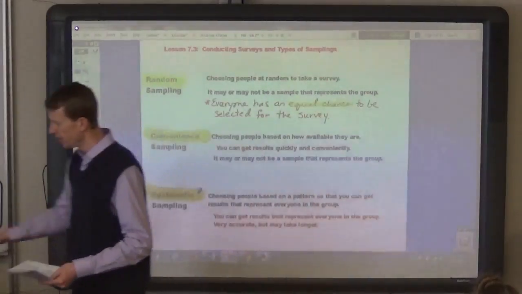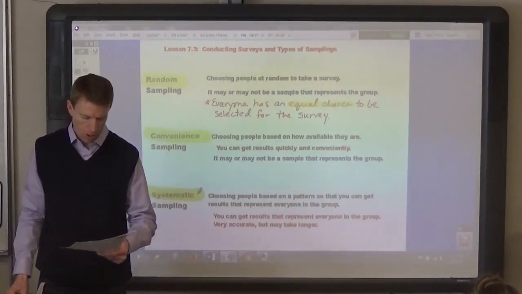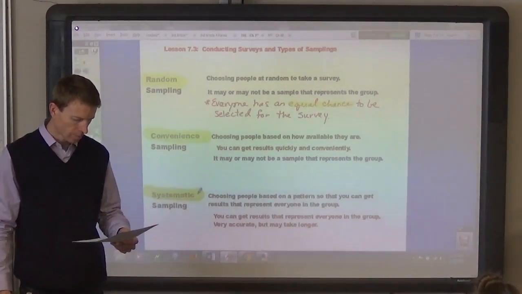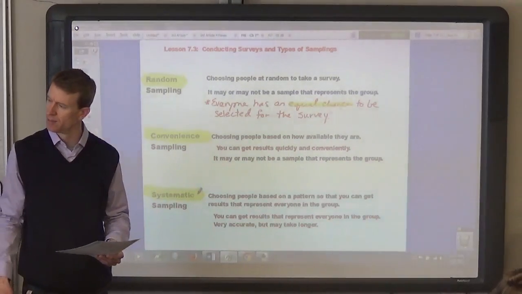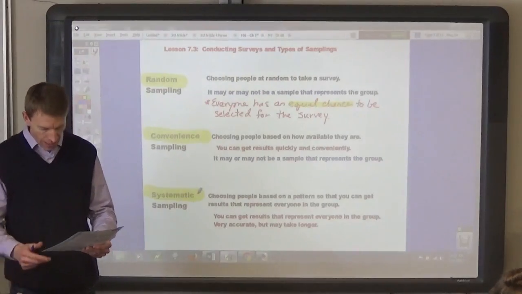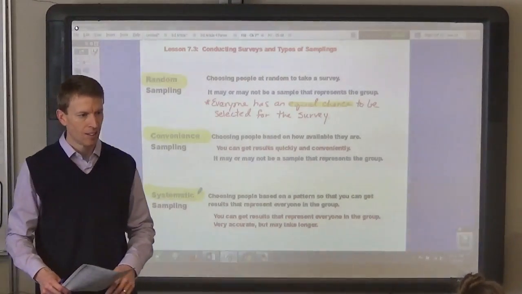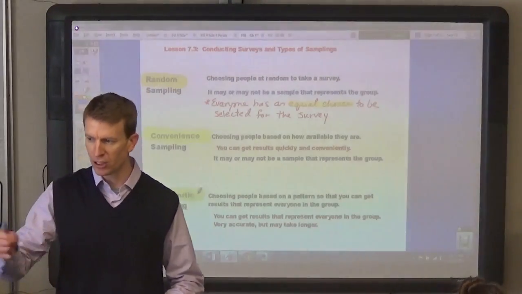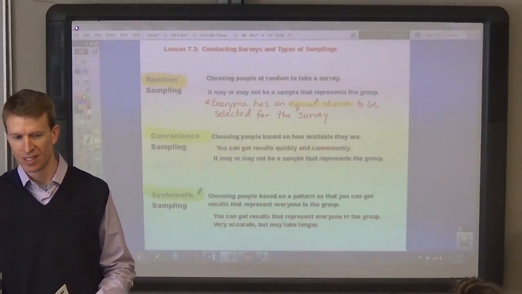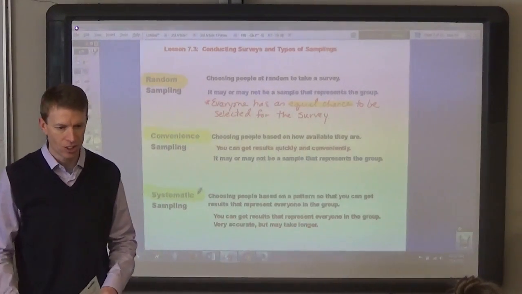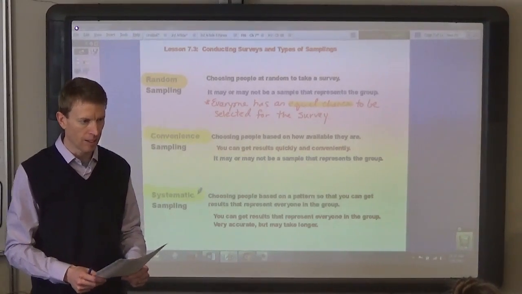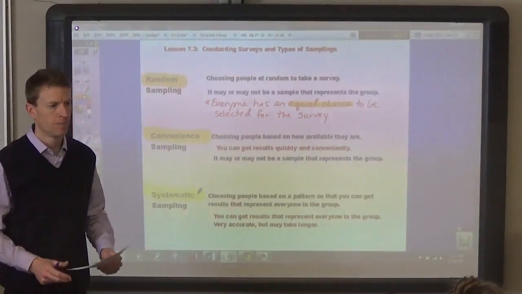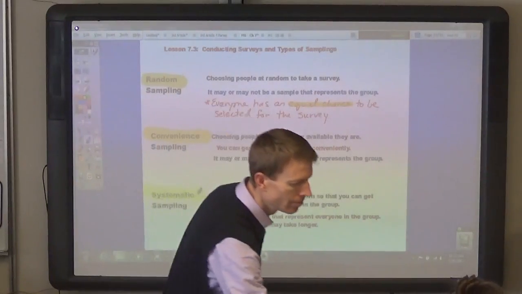If he goes to a local grocery store and performs a taste test. Convenience sampling, right. He didn't go to every store in town. He went to just the local store to ask people. Convenience sampling. Okay. Good job, Daniel.